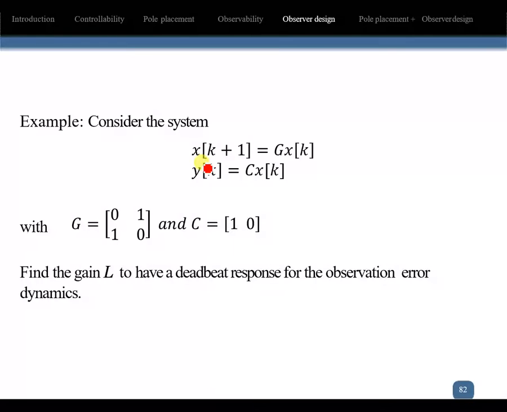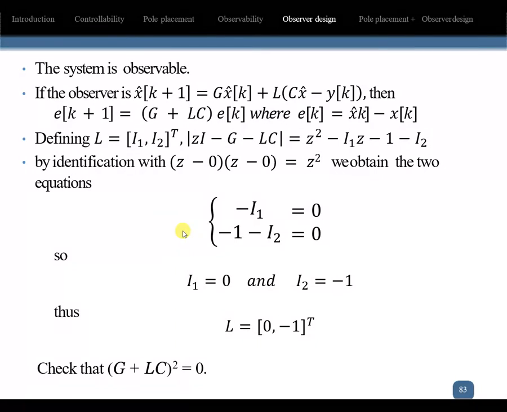Example: consider you have this system, with J and C given. Find the gain L to have a deadbeat response for the observation error dynamic. This is easy. You can find the observer, then e(k+1) = (J + LC)e(k), where the observation error is x hat(k) minus x(k).